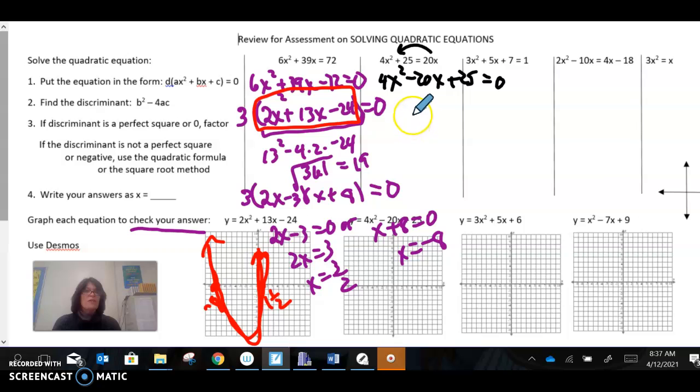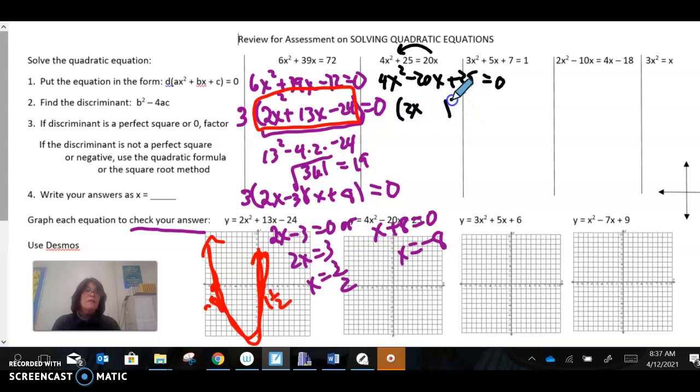So I'm going to find the discriminant. B squared minus 4 times a times c. That gives me 400 minus 400. Oh, that gave me 0. Well, if I get a perfect square or 0, I'm going to try to factor this. I got 0 for the discriminant. That means I'm only going to get one answer.